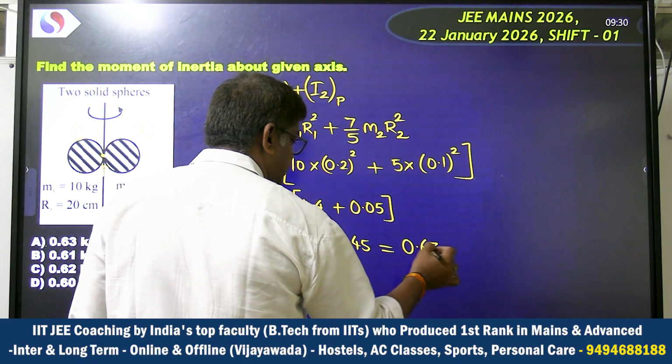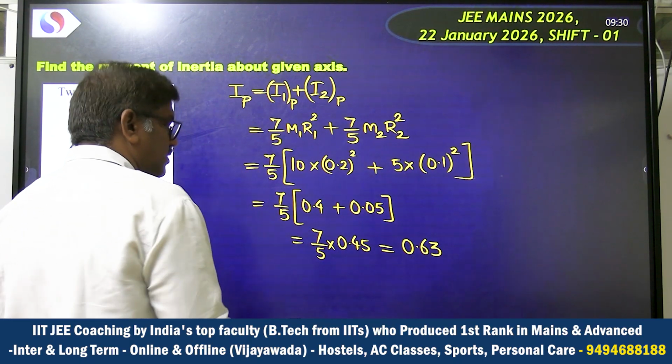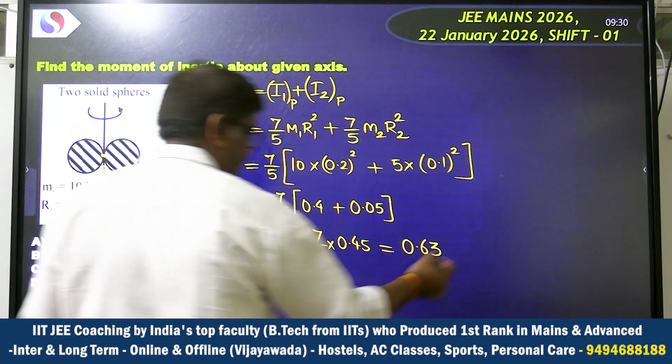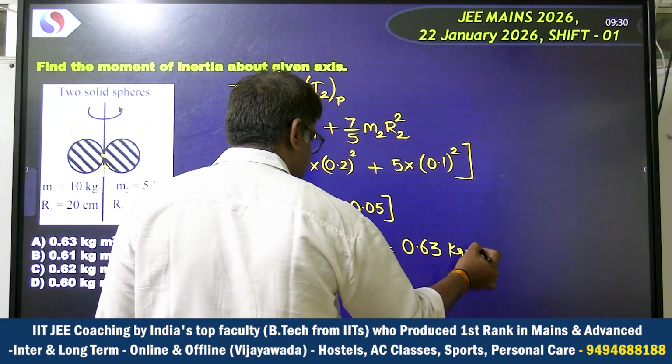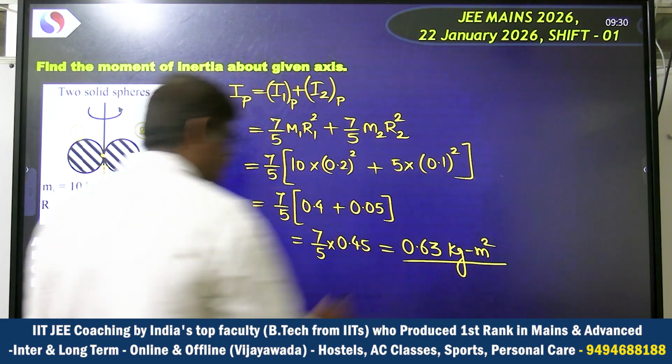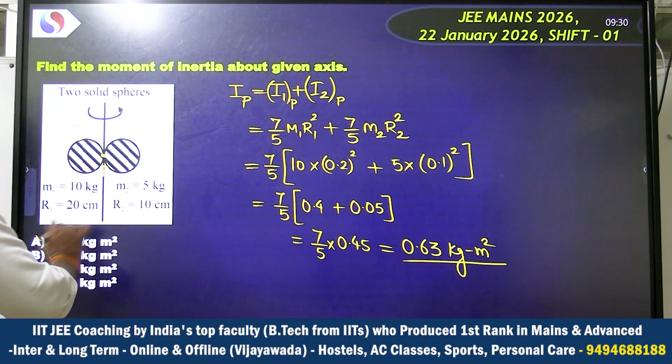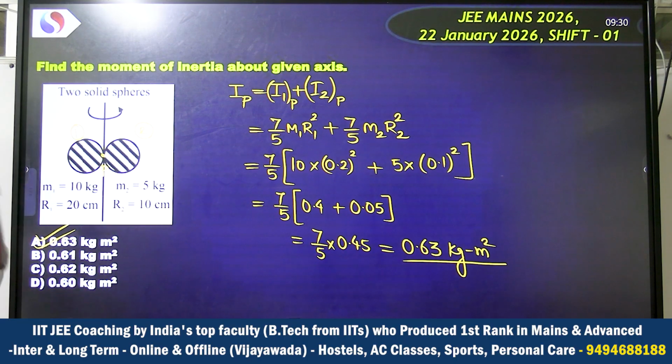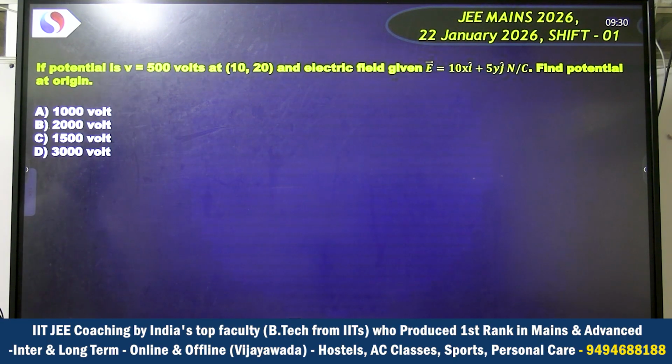The approximate answer is 0.63 kg meter square, which is the unit of moment of inertia, and we are going with the first option, A. Okay, almost at the end of the discussion.